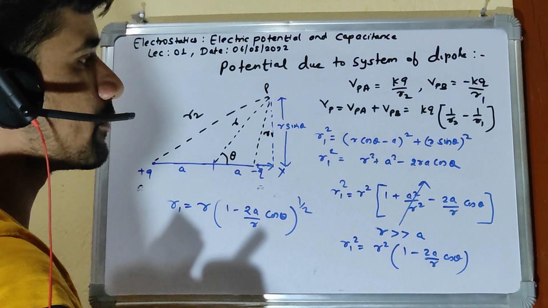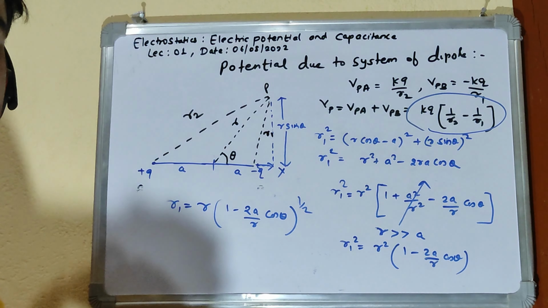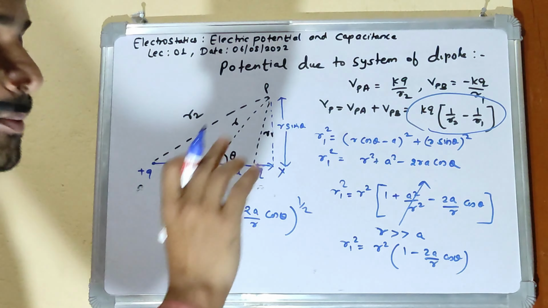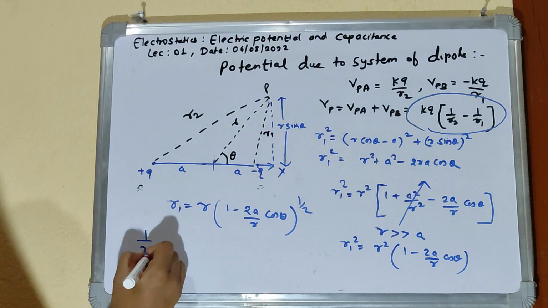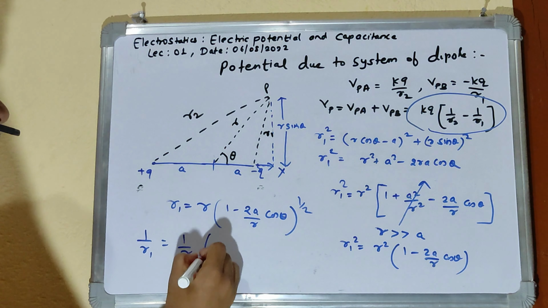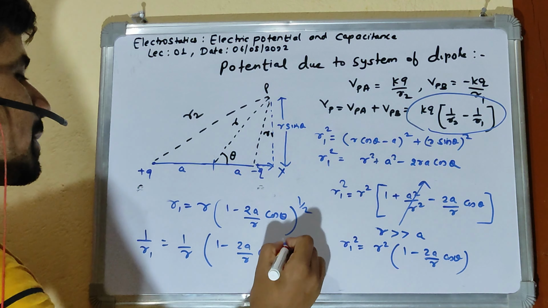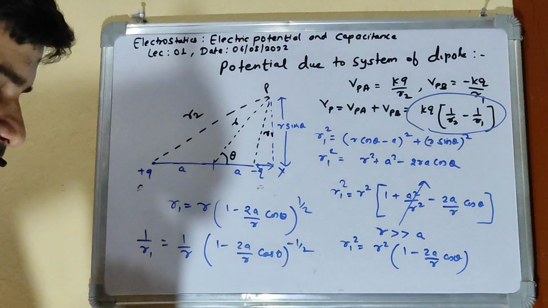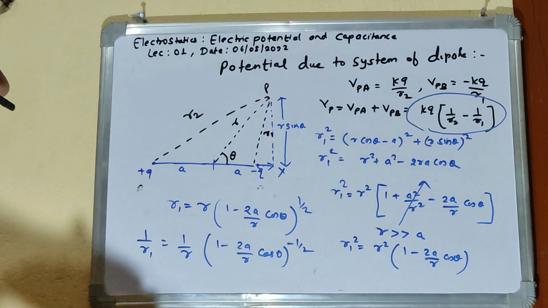This is my final equation. No, I need 1 by R1, the reciprocal of R1. So the reciprocal of R1 is nothing but 1 by R into 1 minus 2A by R cos theta, and the power is minus 1 by 2. Clear?